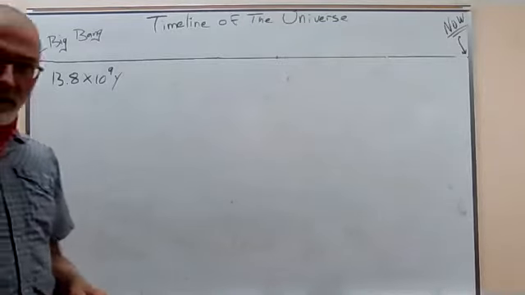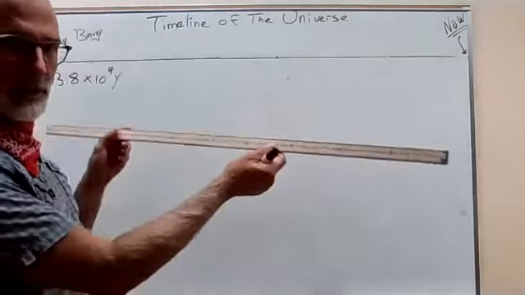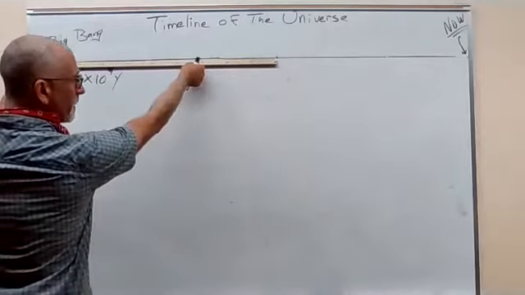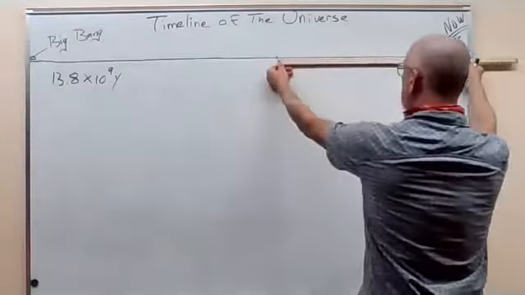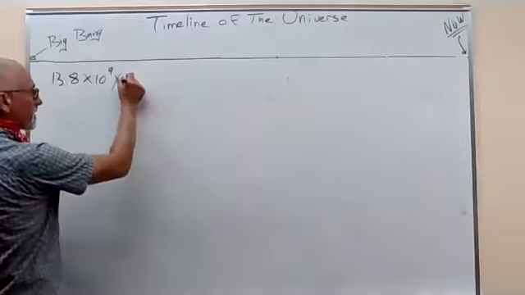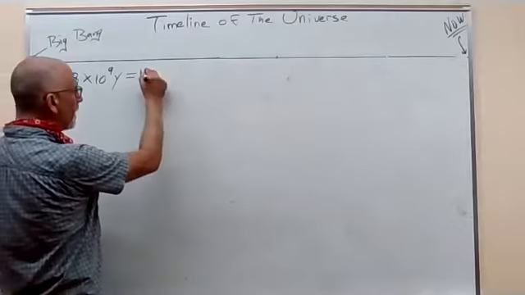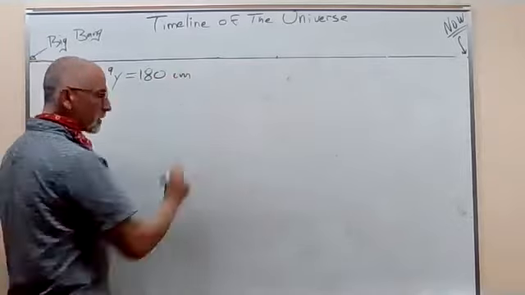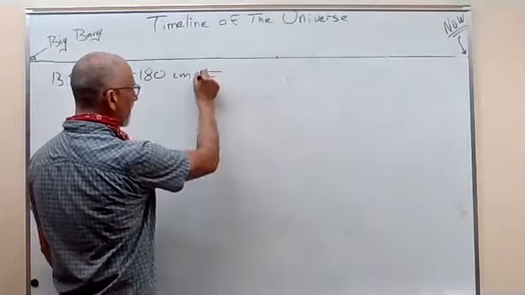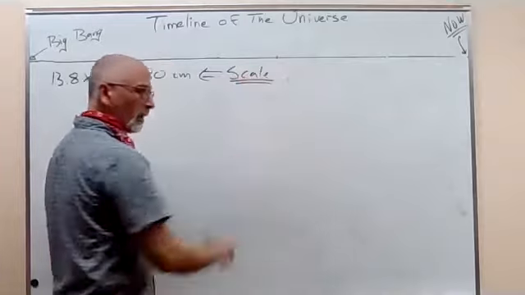What I need to do next though, is I need to know how long my timeline is in centimeters using the metric system. So I measured it out. That's 100 centimeters there. And that is like 80 centimeters there. So what I can say is that 13.8 billion years is 180 centimeters. That is the scale of my timeline.